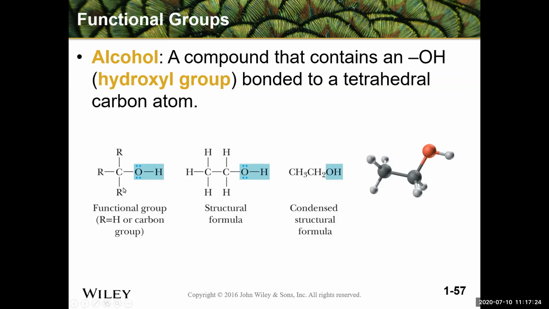So for example, here's a schematic representation, or a bonding arrangement, a skeletal representation we'll call it, of an alcohol or a hydroxyl group. So you can have an sp3 hybridized carbon, or a tetrahedral carbon, with 3 single bonds around the carbon.